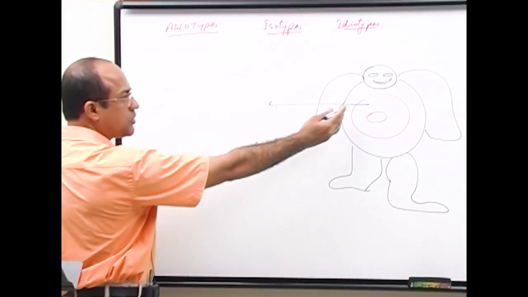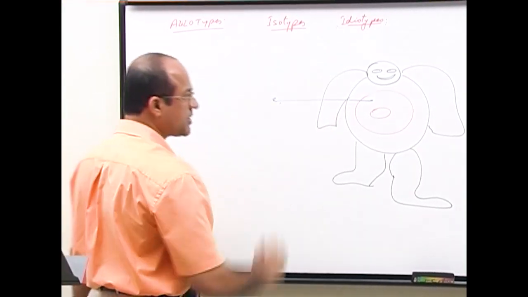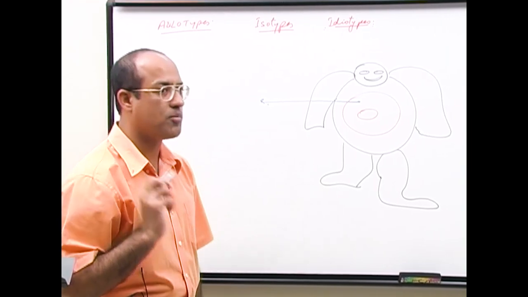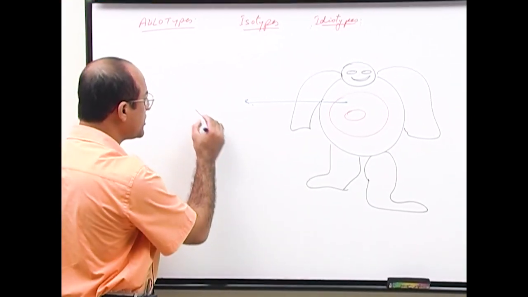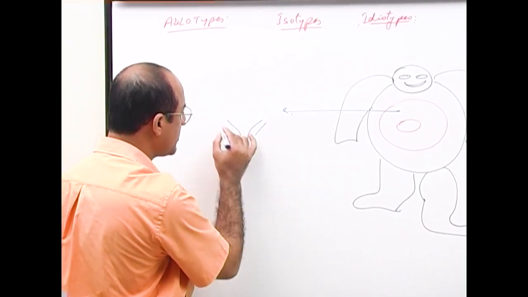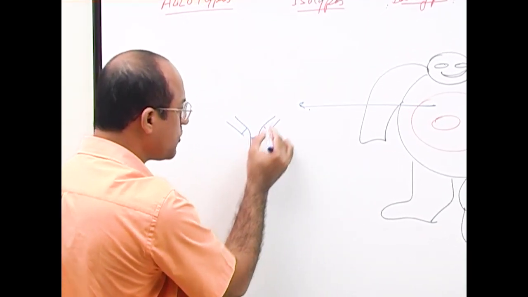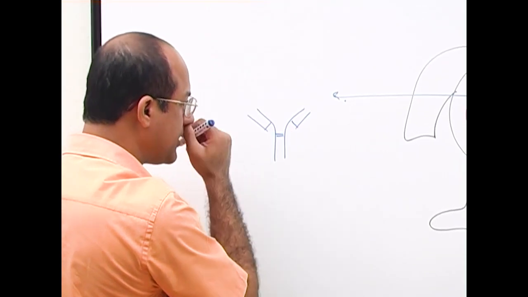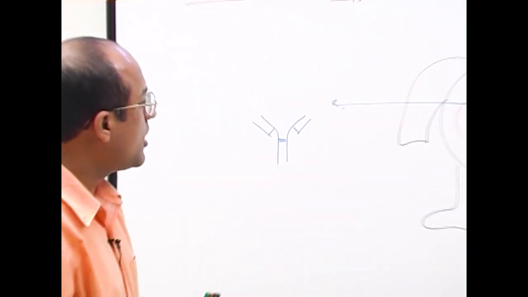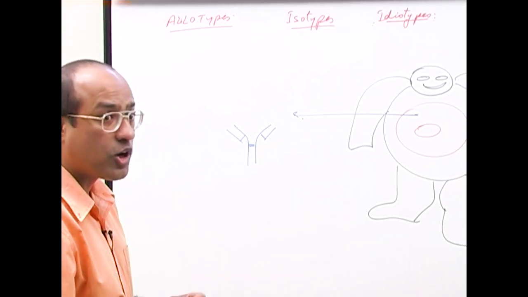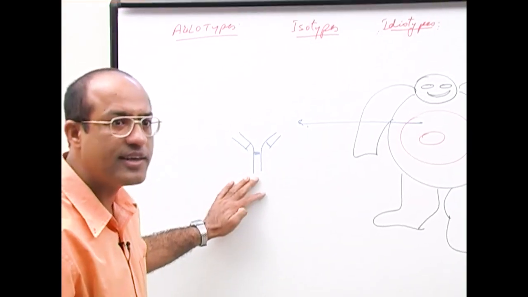Now all the antibodies which we can bring out from one person, they have something common. Right? Because antibodies are what? Antibodies are just peptide chains. These are 4 peptide chains, 2 heavy chains and 2 light chains held together by disulfide bond. Is that right? And antibodies, because they are protein, so they are antigenic.